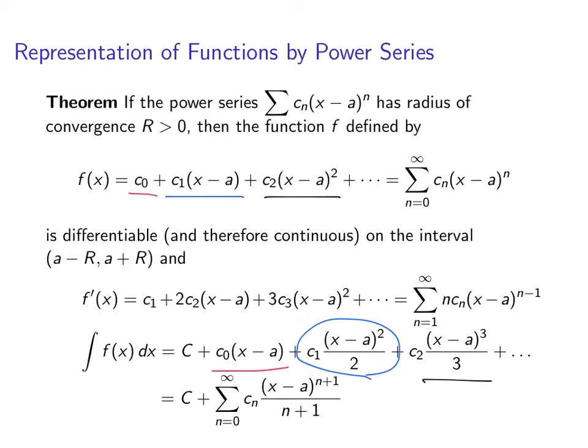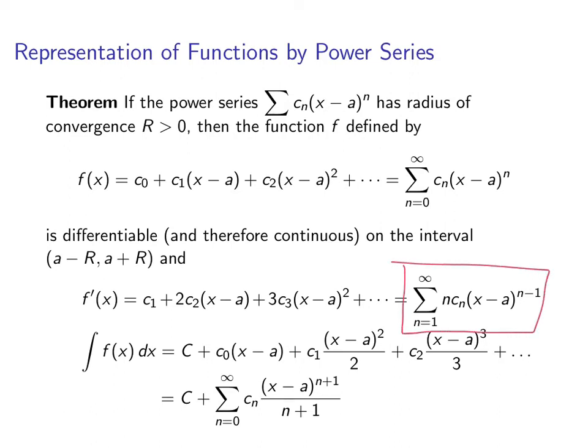Every term I anti-differentiate is going to give me a new term. And so in the end, I have expressions for the series that is the differentiated series, and I have another expression for the anti-differentiated series.